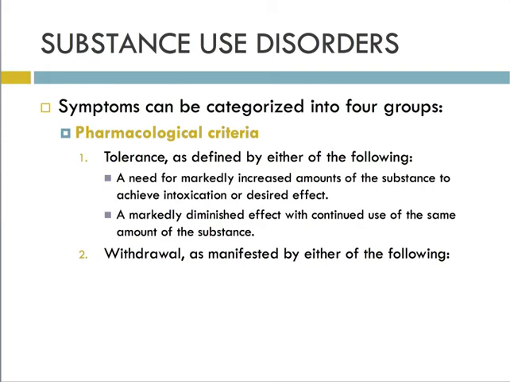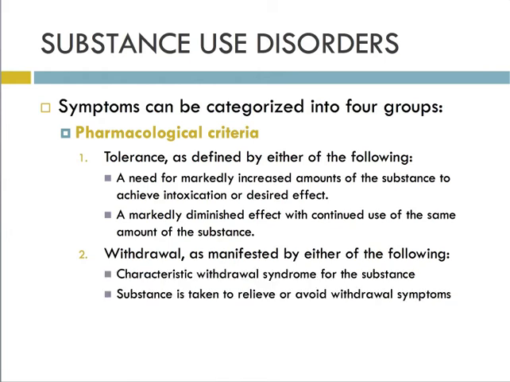Tolerance is defined by either of the following: a need for markedly increased amounts of the substance to achieve intoxication or the desired effect, or a markedly diminished effect with continued use of the same amount of the substance. Withdrawal is defined as characteristic withdrawal symptoms for the substance, or if the substance is taken to relieve or avoid withdrawal symptoms.